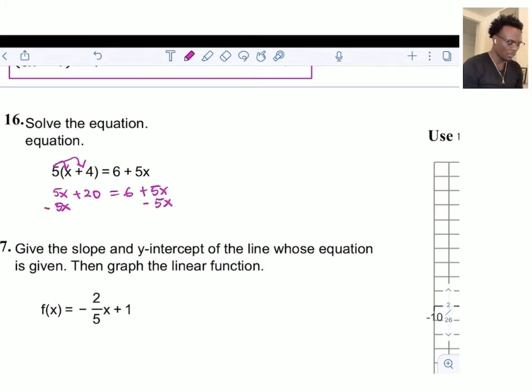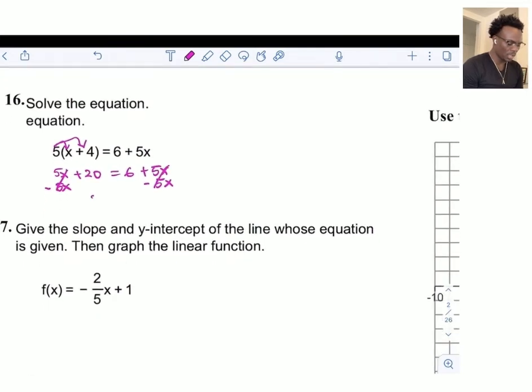That cancels the variable. The variable is gone. I'm left with 20 equals 6, which is not a true statement. That's false. And for a false statement, we will have an equation that has no solution. If it was a true statement, then you would say all real numbers solution. In this case, it's no solution.